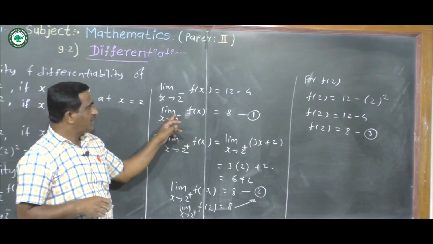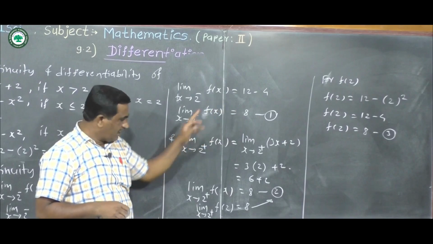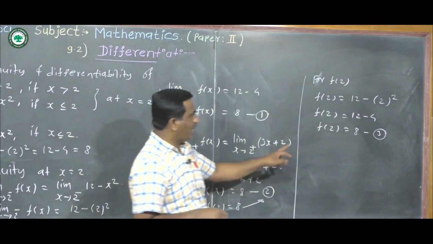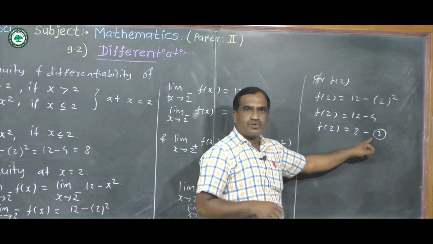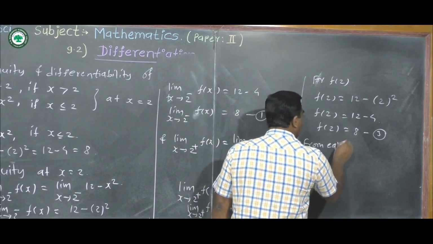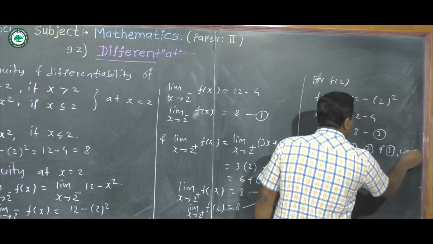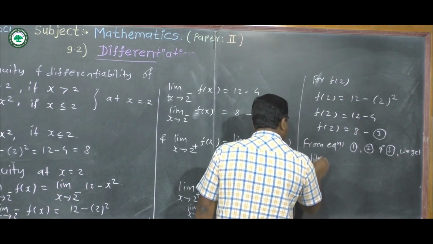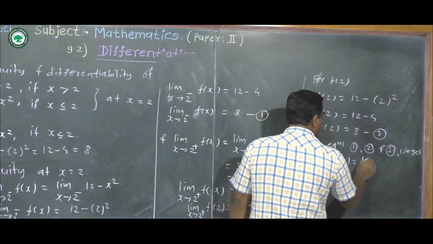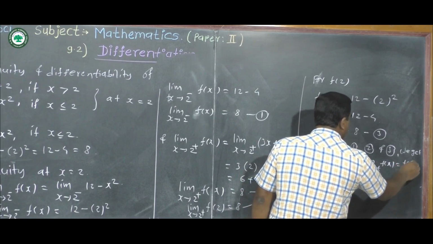Okay. We get three values. In equation first, limit x tends to 2 from left, f of x is equal to 8. In equation second, limit x tends to 2 from right, f of x is equal to 8. And in equation third, f of 2 is equal to 8. That is we get from equations first, second and third, limit x tends to 2 from left, f of x is equal to limit x tends to 2 from right, f of x is equal to f of 2.